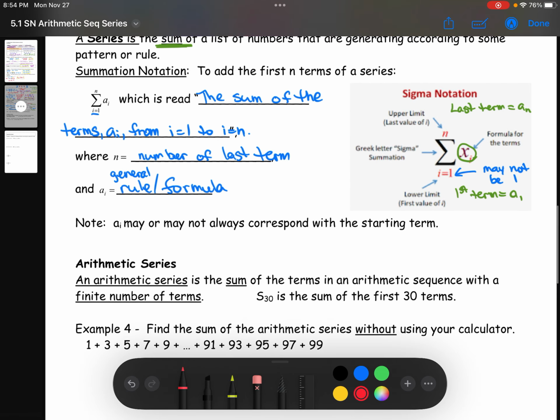So, here's that little note I made right here. a sub i may or may not always correspond with the starting term, as in a sub 1, but that bottom number does tell you which term is the first in your sum.